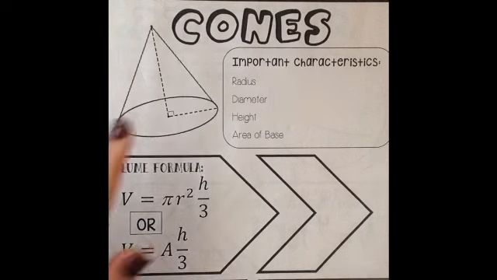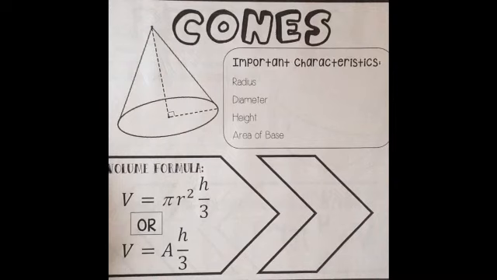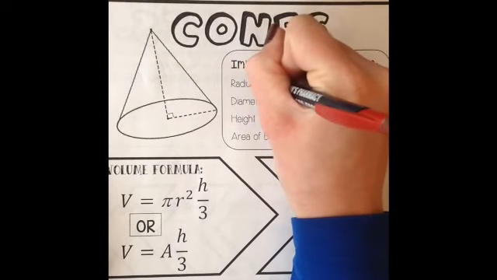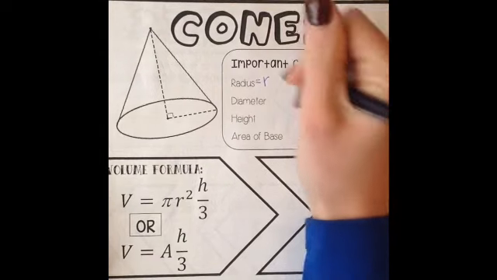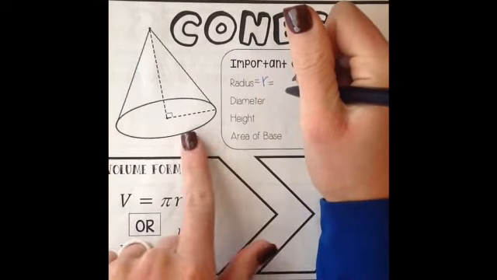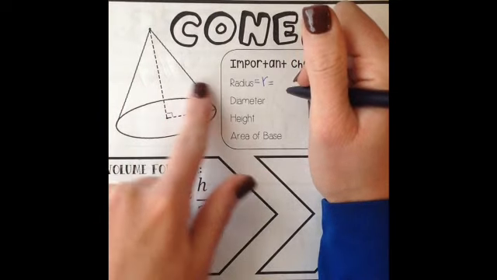What we're going to do first is identify the different portions and characteristics of a cone. Most of these you should be familiar with from yesterday's lesson. The radius looks like a lowercase r, and it means that it goes halfway across the center of the base, and the base is going to be a circle for us right now.